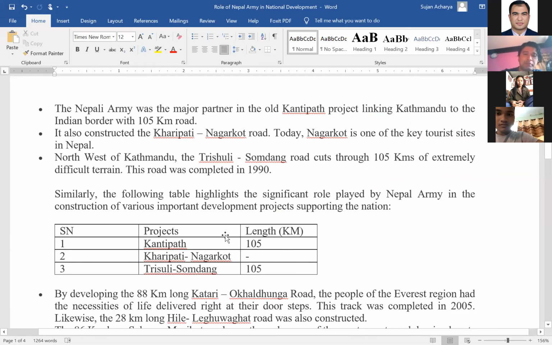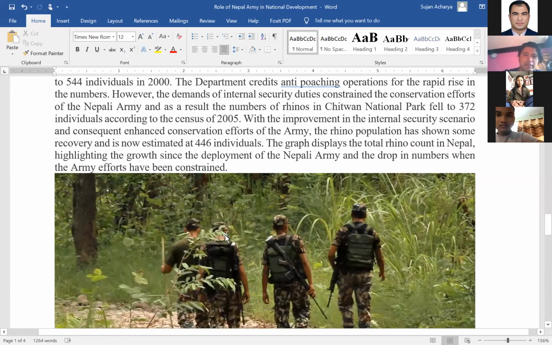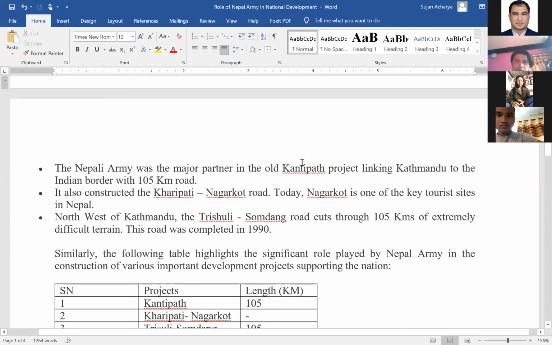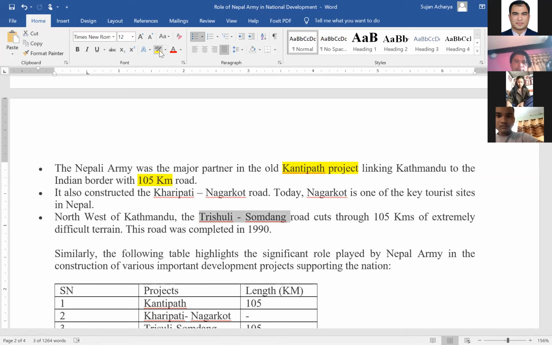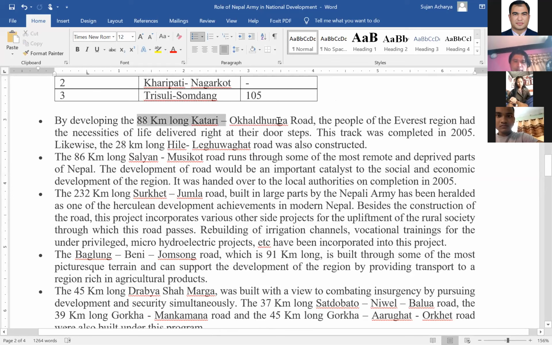Now you can read these details, not that important. You can always summarize, which I can do like this: Kantipath project, 105 kilometers. Trishuli Somdang, 105 kilometers. 88-kilometer road.